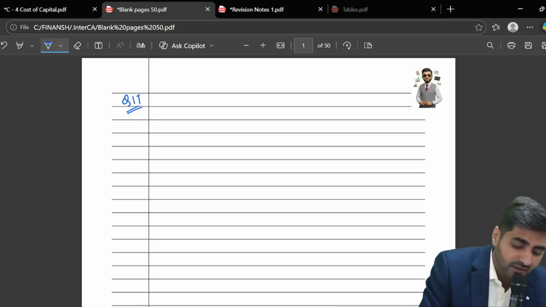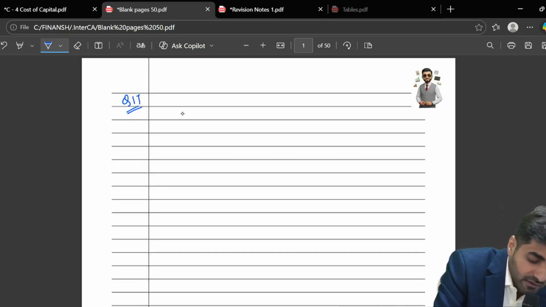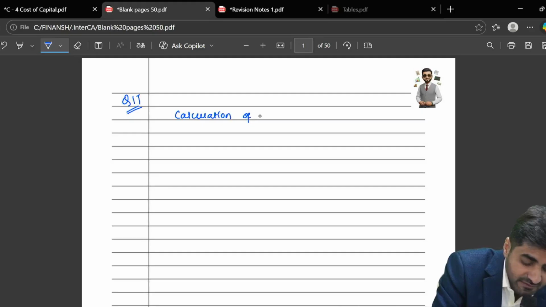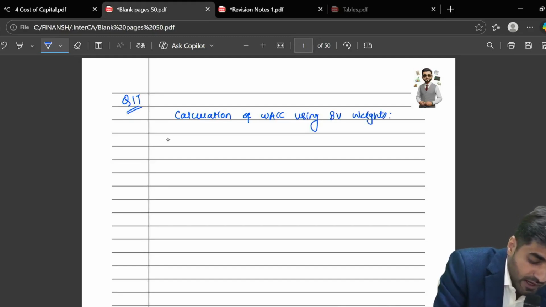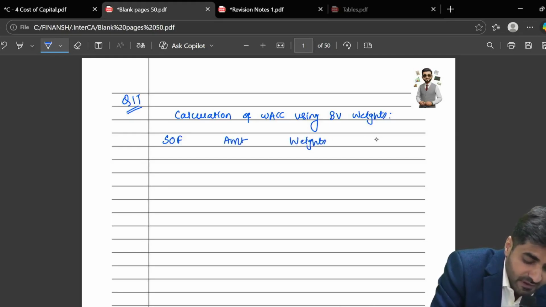Okay. Now, see, first what you should do is prepare a table. Calculation of WACC using book value weights. And here we'll be writing down sources, amount, weights, COC, WACC.